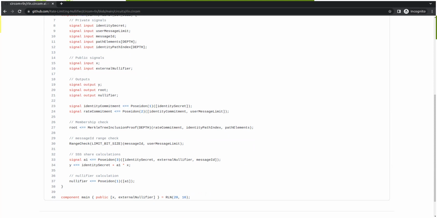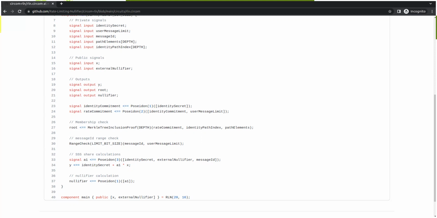That was the reason why we used the external nullifier. As you know, it is a hash of app ID and epoch. So there are no intersections between different apps. But different apps can use different message limits for different users. Sure, why not? Okay, cool.